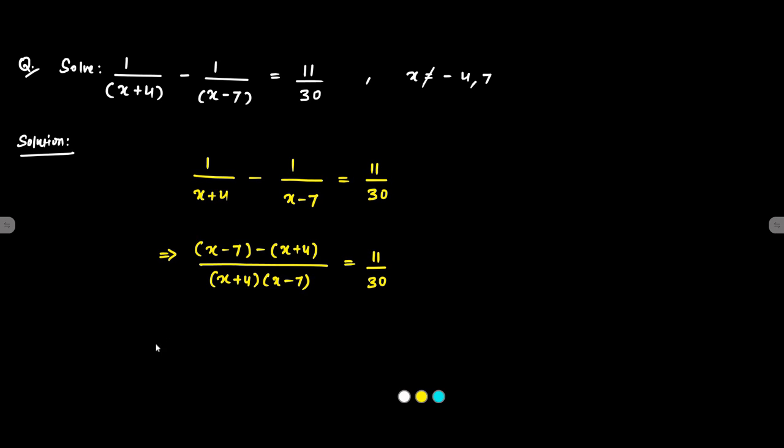That implies x plus 4 into x minus 7, and in the numerator it is x minus 7 minus x minus 4. So x minus x gets cancelled, and here it is minus 11, is equal to 11 by 30.